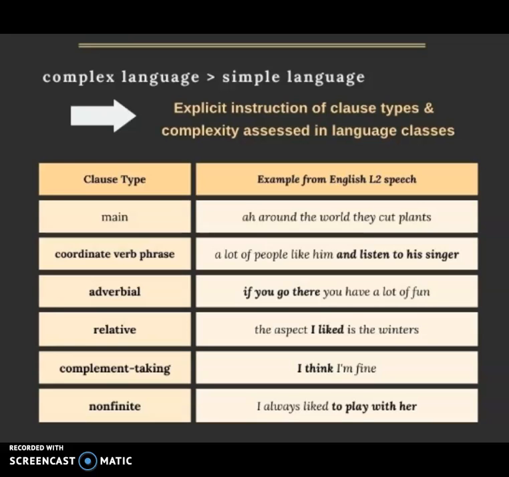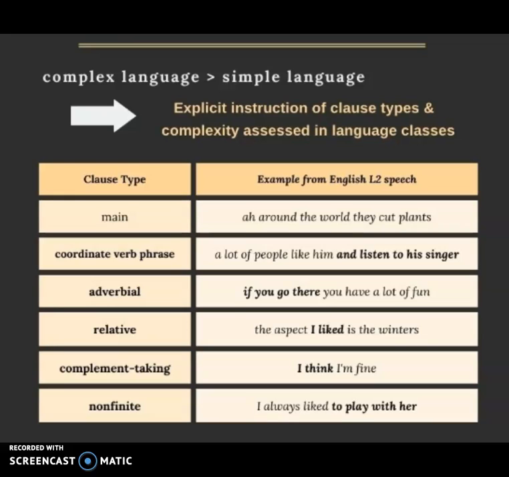Now I want to stress that this research was done on learner data and there are errors, but we can still see that there is a coordinated verb phrase, "a lot of people like him," coordinated with "listen to his music." So both "like him" and "listen to his music."